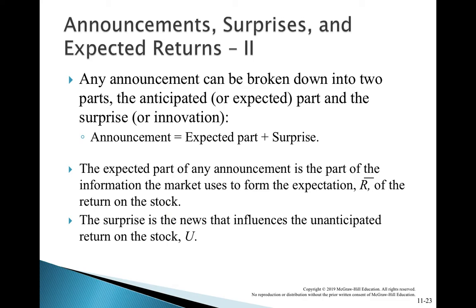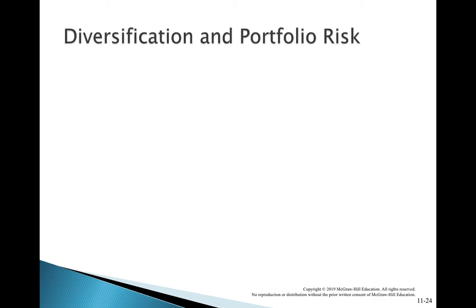Therefore, what is required? We have to go for diversification. Why do we need to go for diversification? The reason is every company has its provision of unexpected return. It may be negative, it may be positive. So if you have a diversification, one's loss will be adjusted with others' profit.